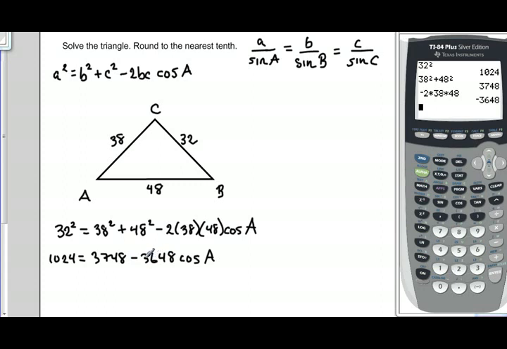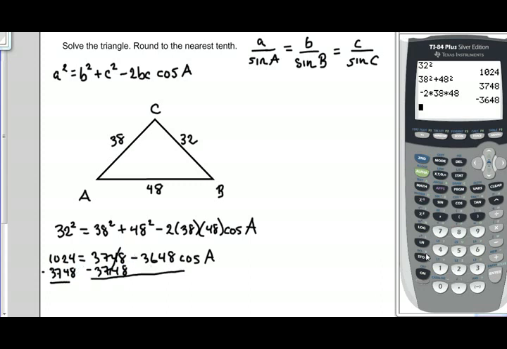That is completely incorrect. You cannot subtract these two because they are not like terms. This has a cosine A on the end of it and this does not. What we do instead is subtract 3748 from both sides of the equation.